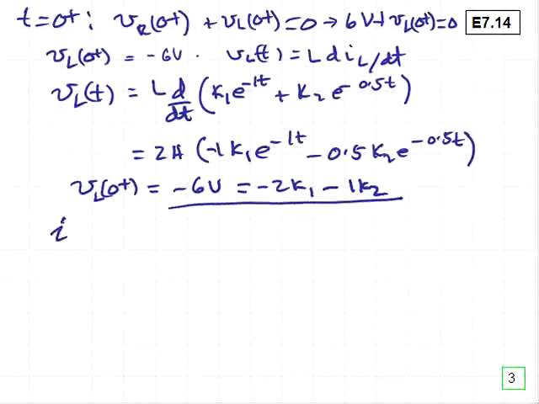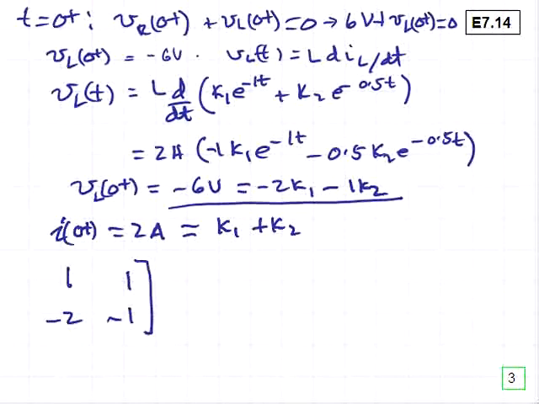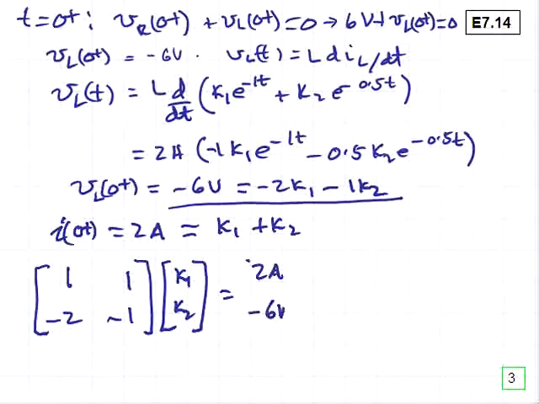So we can say that I at 0 plus is equal to 2 amperes from the initial condition on the inductor current, and in our assumed form of the solution this is K1 plus K2. So in a matrix format of these conditions we have 1, 1 and minus 2, minus 1 for the coefficients of K1 and K2, and on the right hand side we have 2 amperes and minus 6 volts.